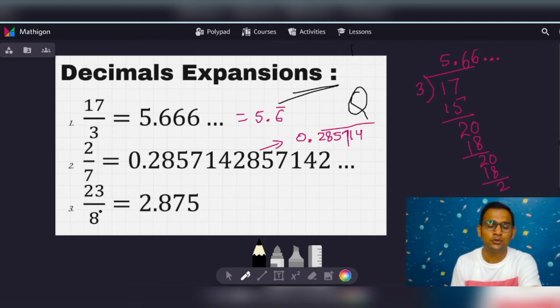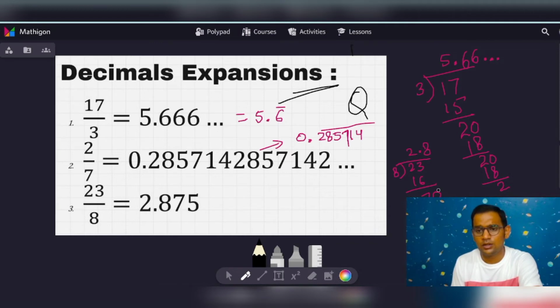Let's go to 23 by 8. When you divide 23 by 8, we'll go through the division quickly. 8 times 2 is 16. Then we get 7 as remainder. We put a decimal place. 78 divided by 8, 8 times 9 is 72... 8 times 8 is 64, and then we get 6 as the remainder.